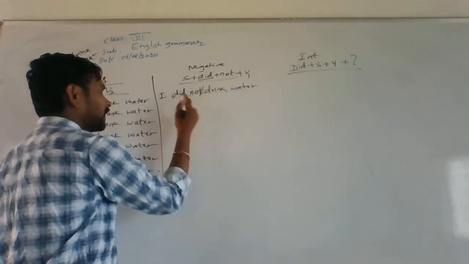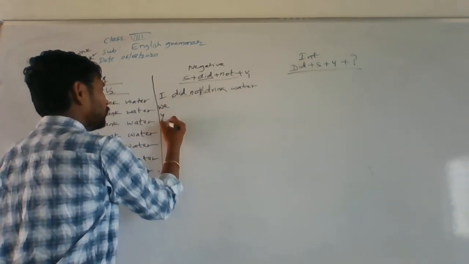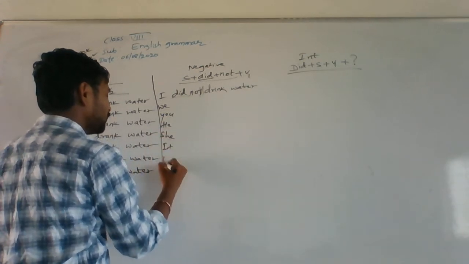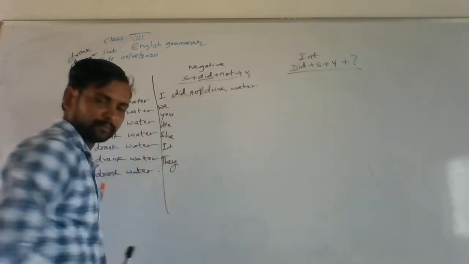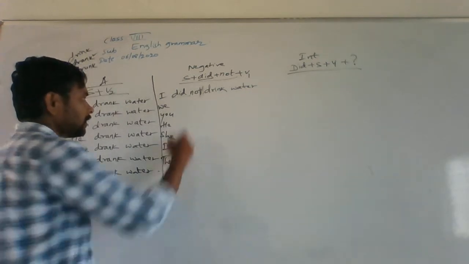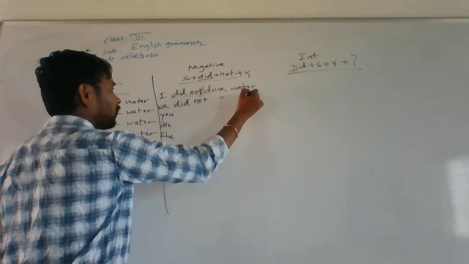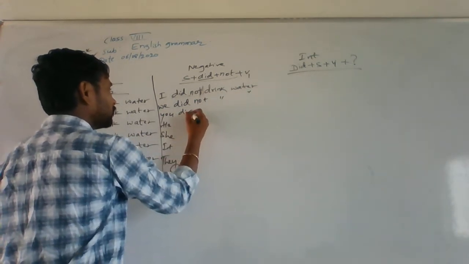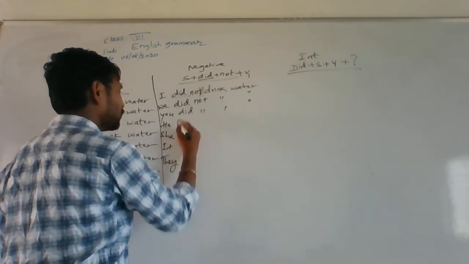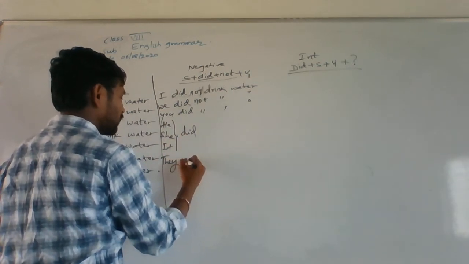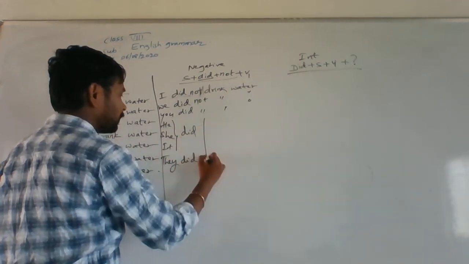Then you, he, she, it, then they. See here: we did not drink water. You did not drink water. Then he, she, it, no more changes. Only one helping verb is there.